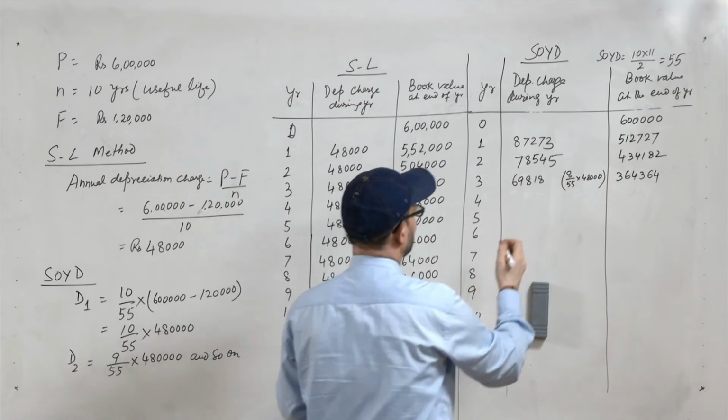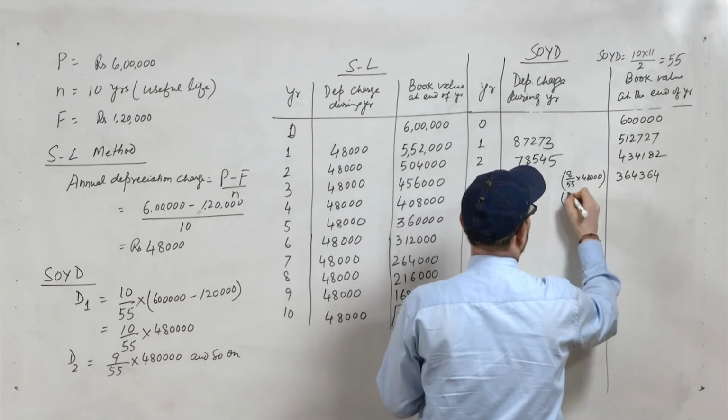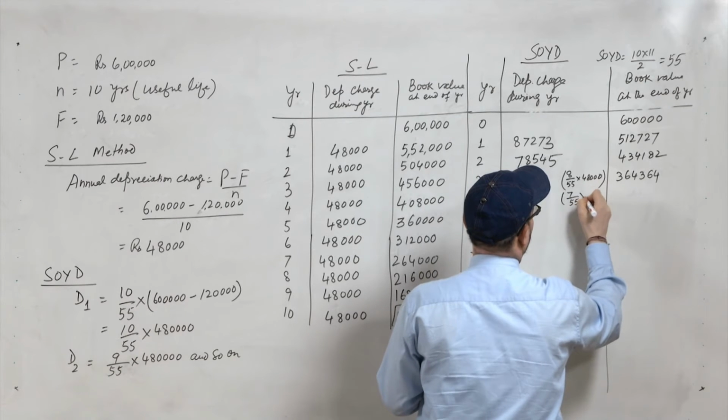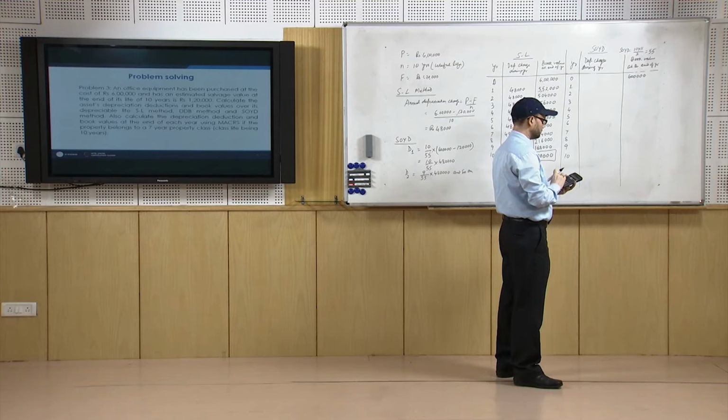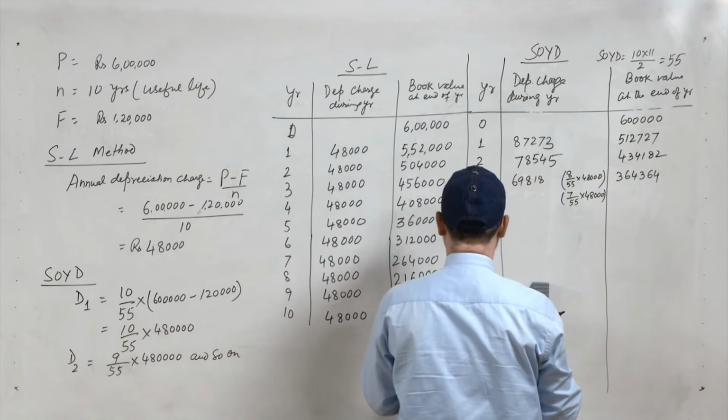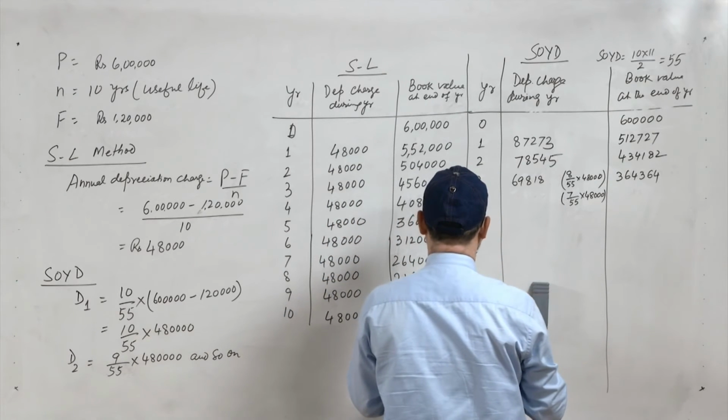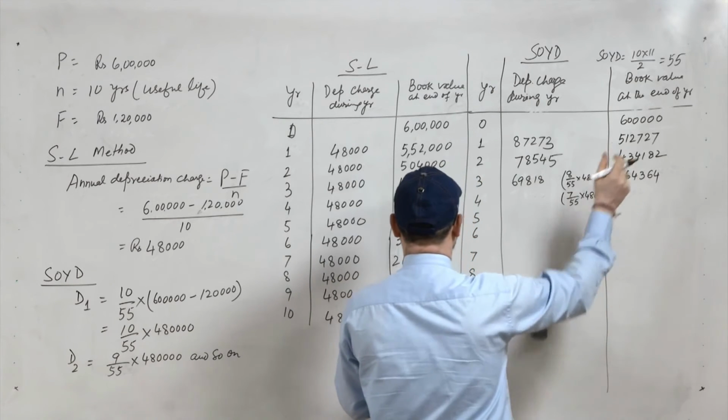Then in the fourth year you have 7 by 55 into 4,80,000, which will be 61,091.